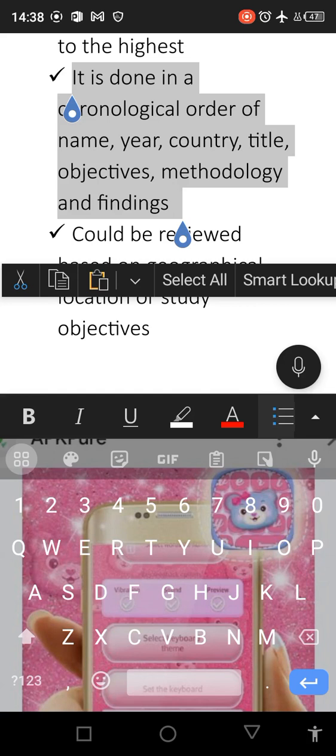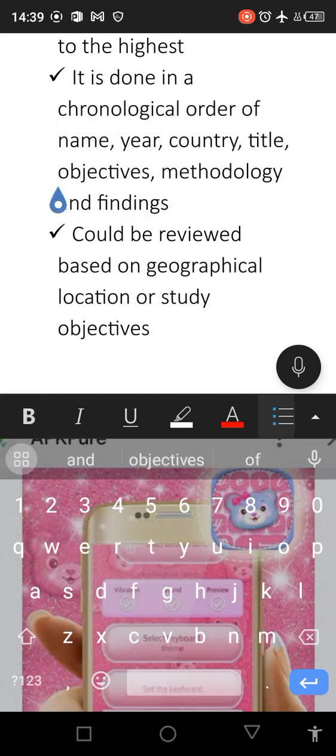This is a bit subject to the rules of your school and your supervisor. Your supervisor might not want you to put the title and just reflect the objective. I hope you understand.